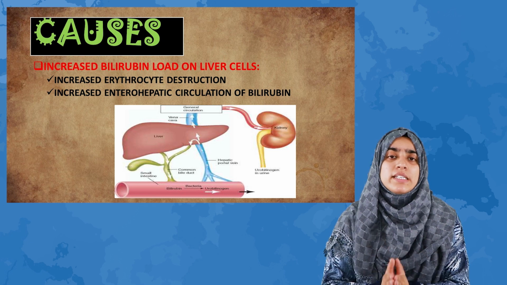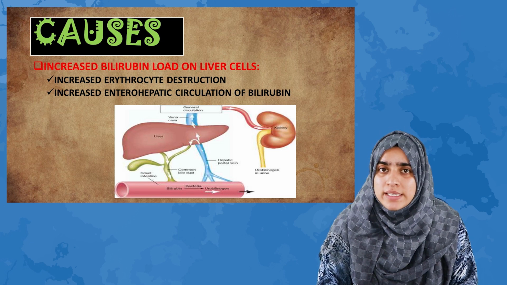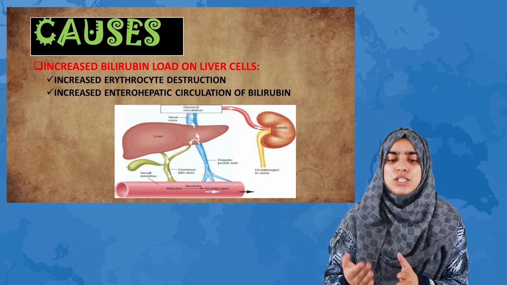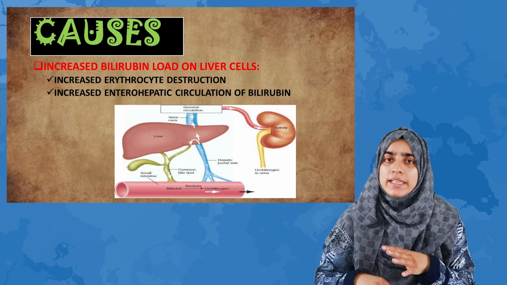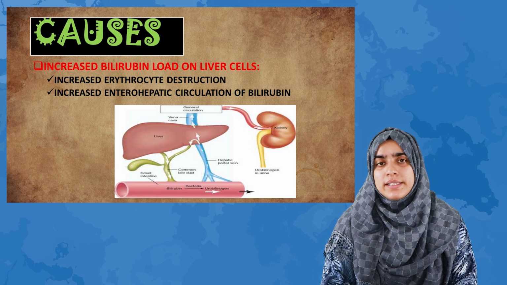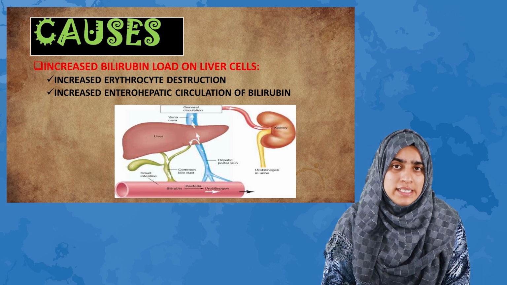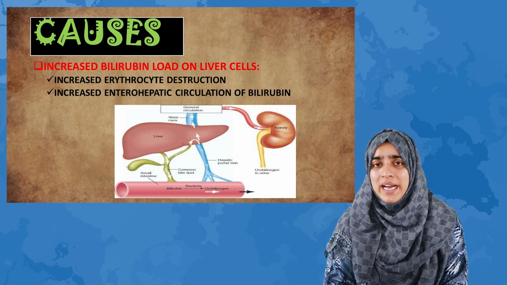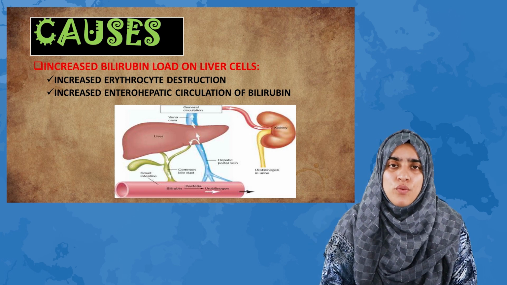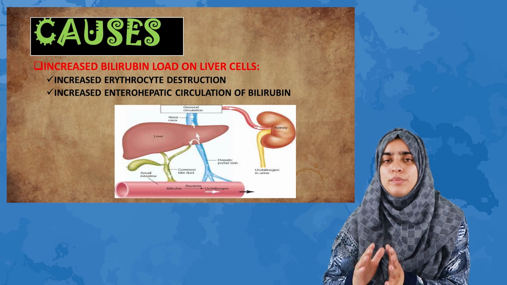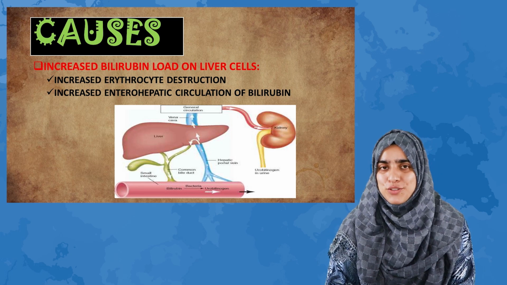In the infant's intestine there is an enzyme called beta glucuronidase, which converts the conjugated bilirubin into the unconjugated form, which is then reabsorbed by the intestinal mucosa and transported to the liver. When this process, called enterohepatic circulation, gets increased, there is a chance of the bilirubin level becoming very high, leading to yellowish pigmentation.